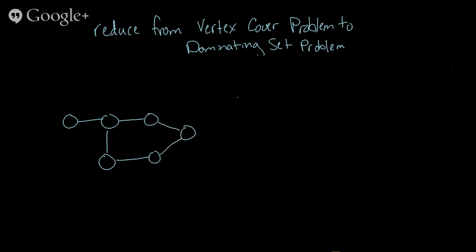Okay, now we know that for this graph, we just determined that our k for the vertex cover must be at least 3, but our k for the dominating set problem can be only 2. And so what we need to do is make the dominating set in such a way that it must be at least 3 as well. We need to change this graph some.